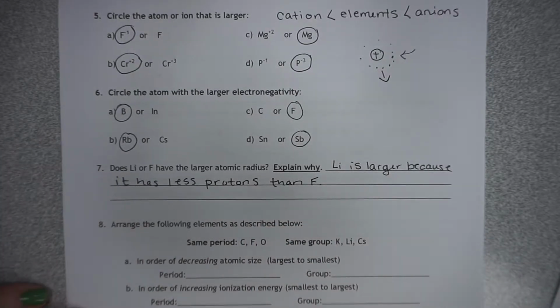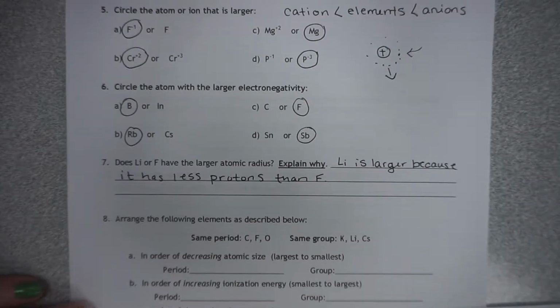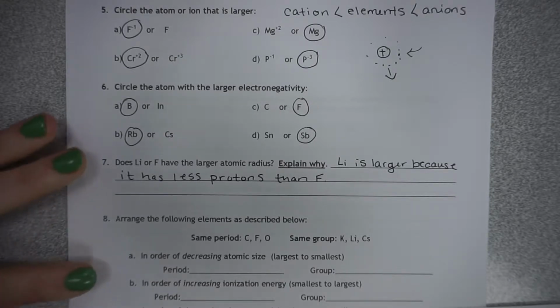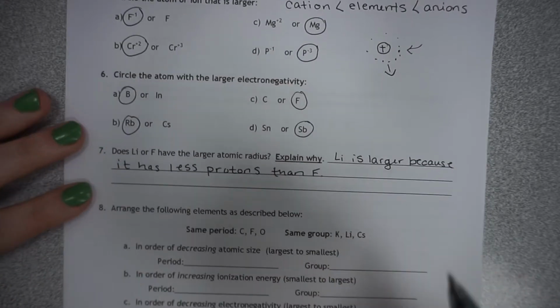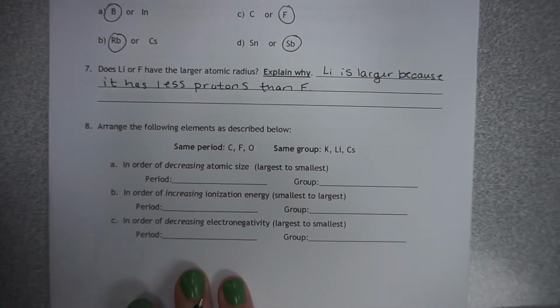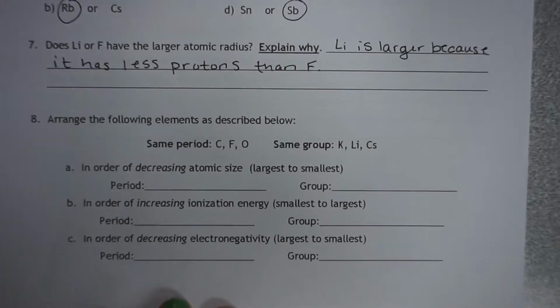Lithium's nuclear charge does not have as strong a pull on the electrons as fluorine does. Okay, let's go to the next one.